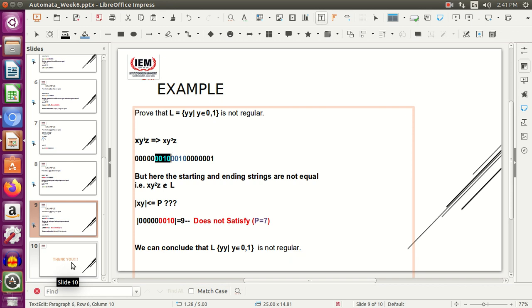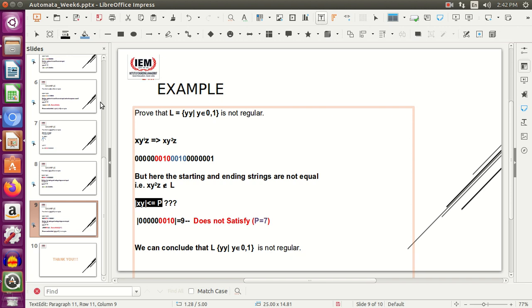Try to construct a string, break it into three parts, consider some cases, which portion will be y, and then try to prove that this is not an element of the language, and that will be enough to prove that your language is not regular. And the second portion will also be easy, considering any case where the entire length of xy is not less than or equal to p, and that is also a contradiction. So finally, according to the rules of the pumping lemma, the given language is not regular.